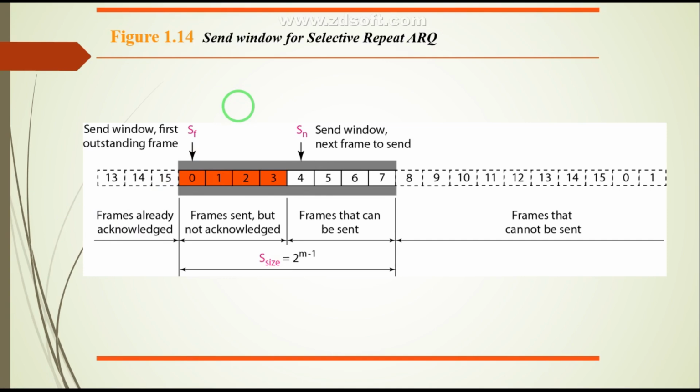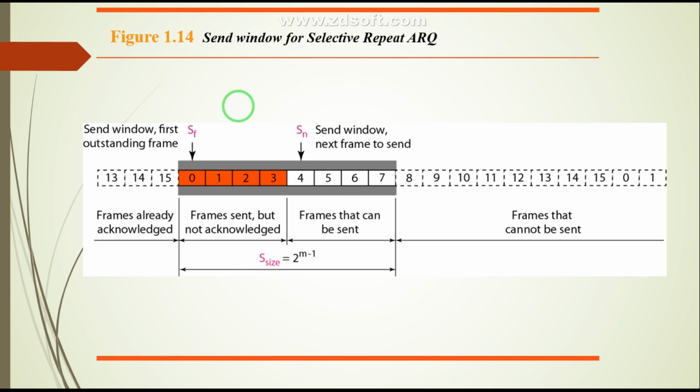However, the Go-Back-N ARQ protocol is very inefficient when the channel is very noisy. Because in a noisy link, a frame has a higher probability of damage, which means resending of multiple frames, as we have seen in Go-Back-N ARQ. This resending uses bandwidth and slows down the transmission.